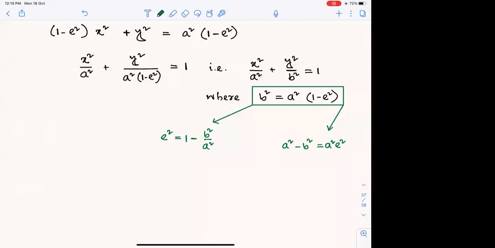Basically it's the same thing, but when to change and what to change, we should be comfortable in all these three variations. There were three terms being related, b square, a square and a square e square. Whatever three-term variation you can think of, you can consider that as a feasible way of representing, and it might be useful while simplifying other results.